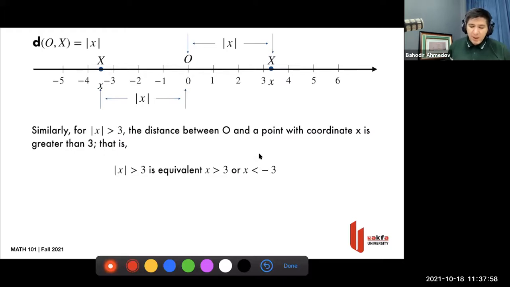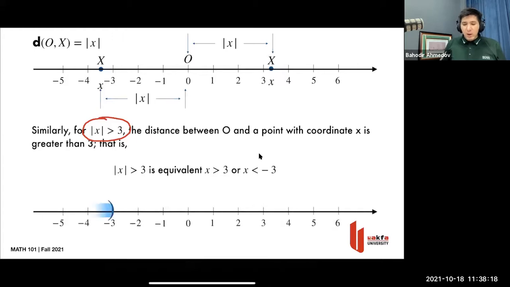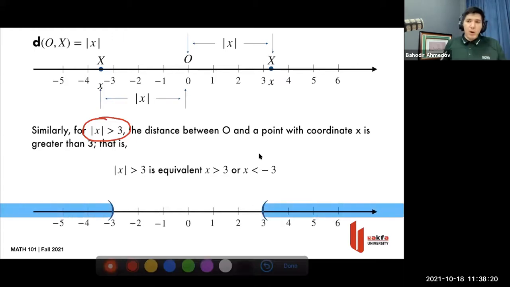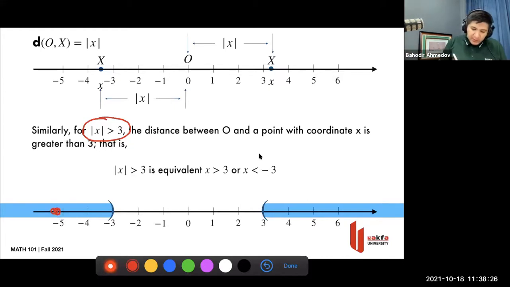At the same time, if I say that the absolute value of x is greater than 3, it means that any point which is farther away from the origin, more than 3 units, is going to be the solution of this inequality. More than 3 units, right? Not less than 3 units. These points can be any point less than -3 or any point greater than 3. Because if you choose any point from here, the distance from the origin is going to be greater than 3, right?